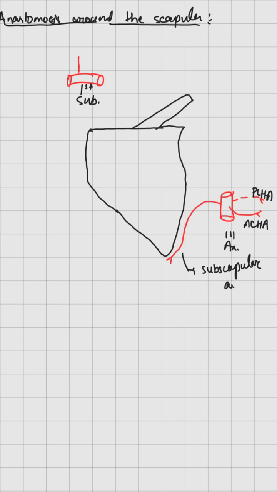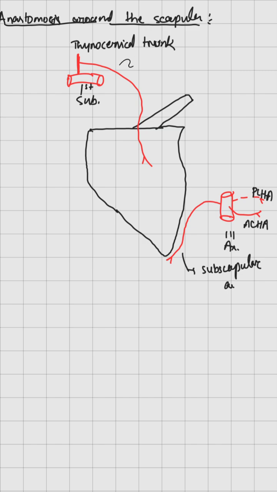So, like this, we have a branch that is the thyrocervical trunk. From thyrocervical trunk, there will be branches. One will come like this.